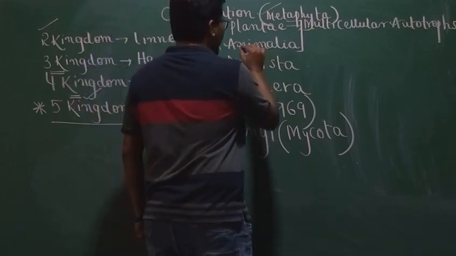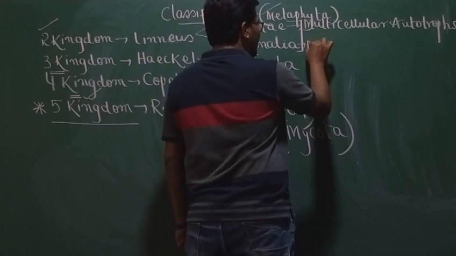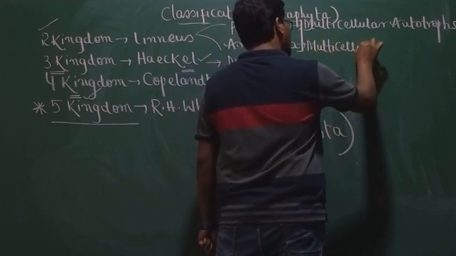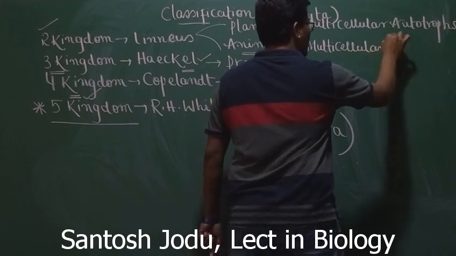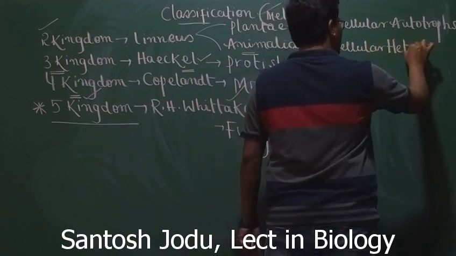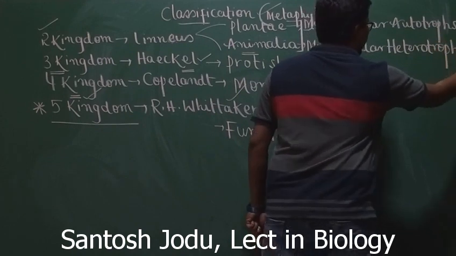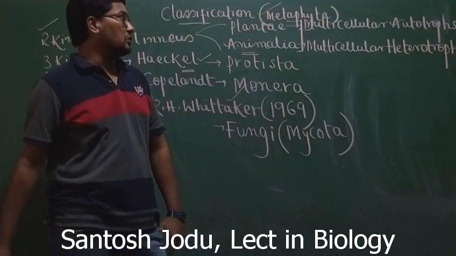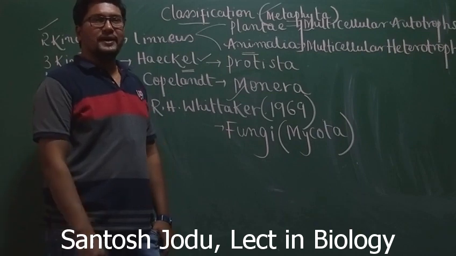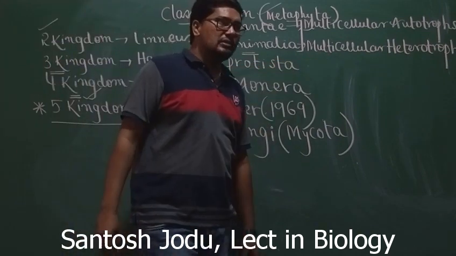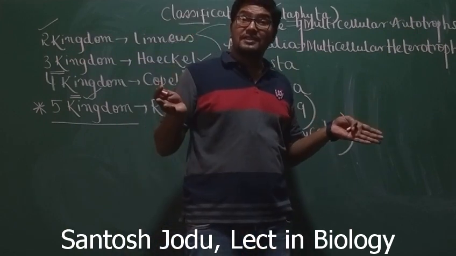Next, Animalia. So what are animals? If you ask me, my answer is like this. They are multicellular heterotrophs, except protozoans, starting from porifera to mammals. All the animals are multicellular and they cannot synthesize their own food.